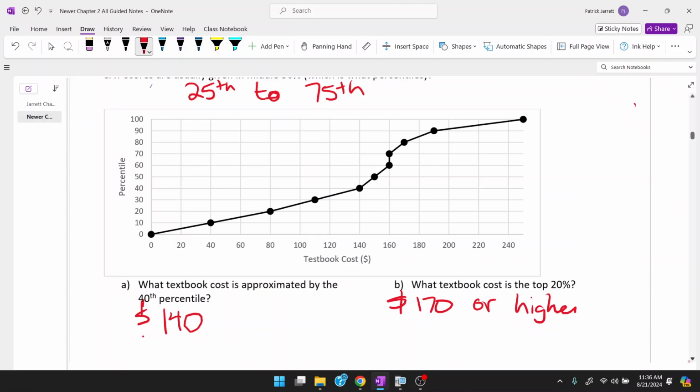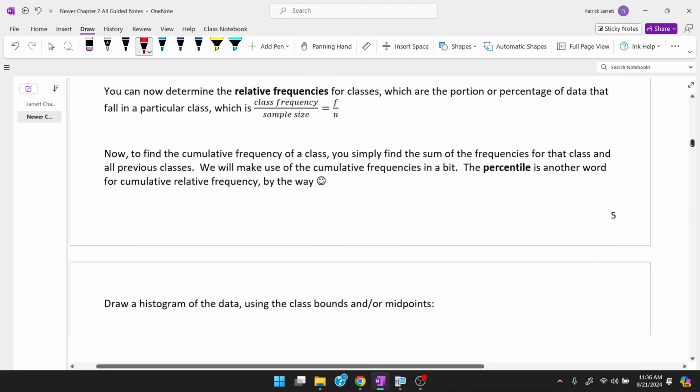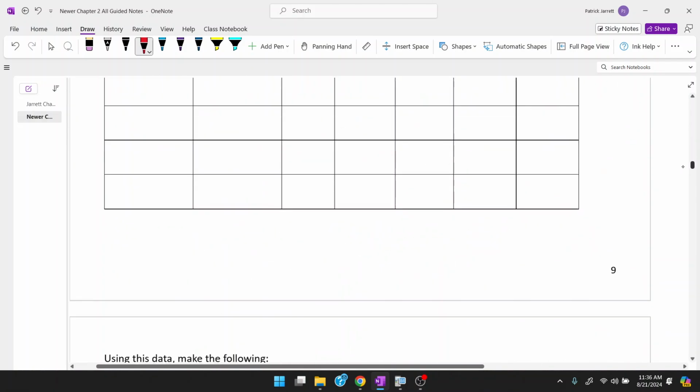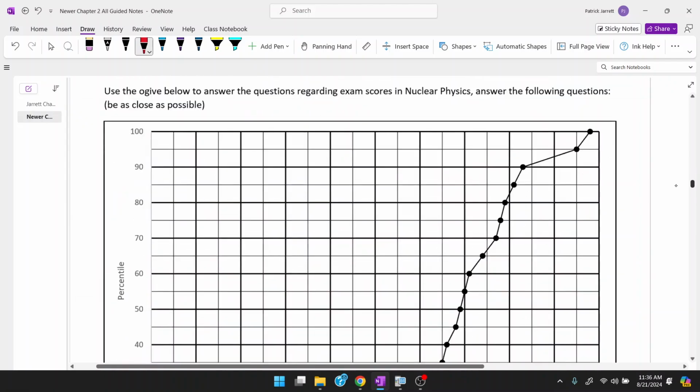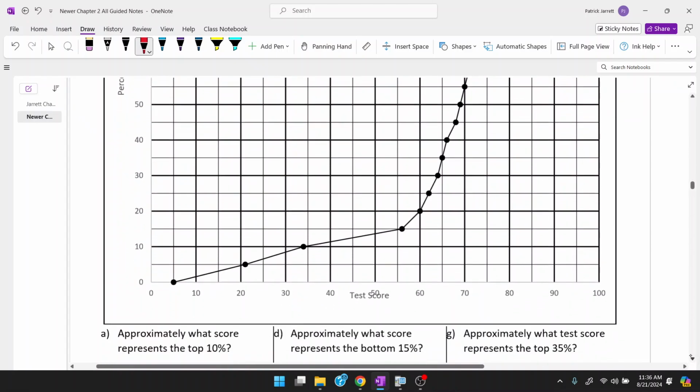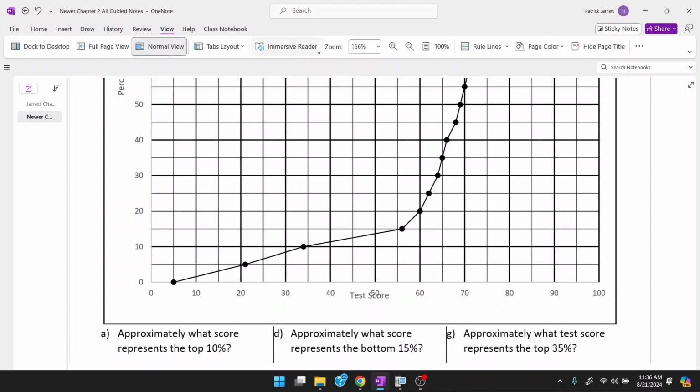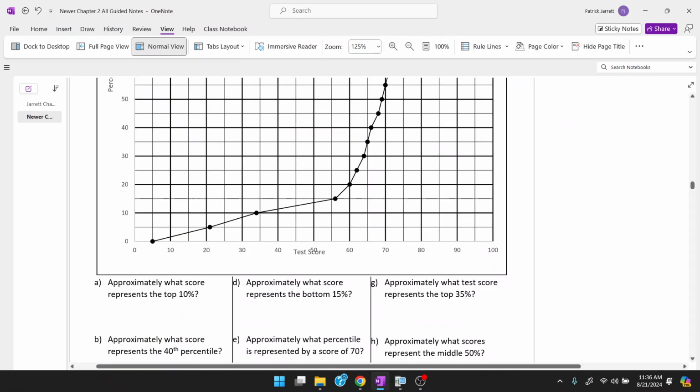Rather than move on to a different topic, for some reason in my notes, we're going to go to page 13. The ogive that I'm going to give you is going to be a lot better than this one, a little more detailed. The percentiles will be in increments of 5, but the test scores would have small bars between.